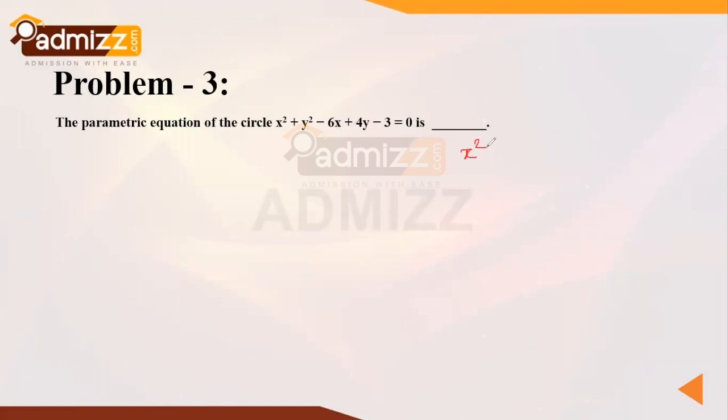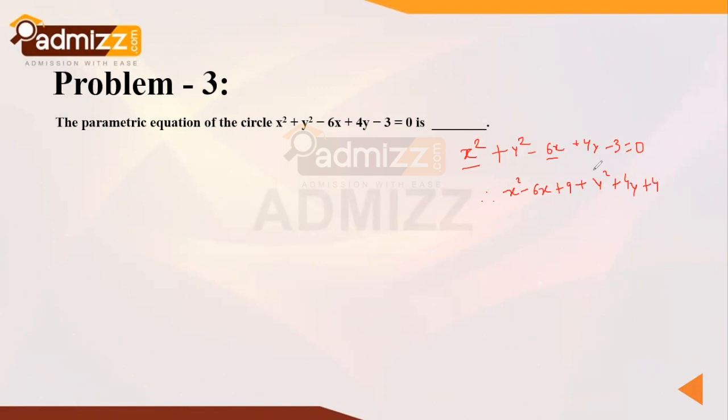I will write this equation first: x square plus y square minus 6x plus 4y minus 3 equals 0. Now see, we know that x square minus 6x plus 9 is the perfect square of (x - 3). So rewriting this equation in the form of x square minus 6x plus 9, and similarly y square plus 4y plus 4 is a perfect square of (y + 2) the whole square.